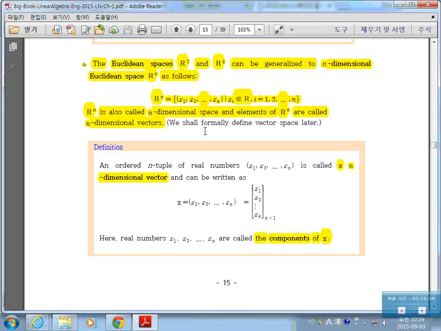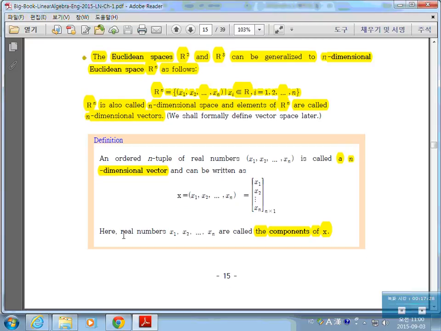In Chapter 9, we will have a rigorous explanation, definition and proofs for general vector spaces. But now we just start with Rn. The n-tuple of real numbers like this is called an n-dimensional vector and can be written as this, an n by 1 column.